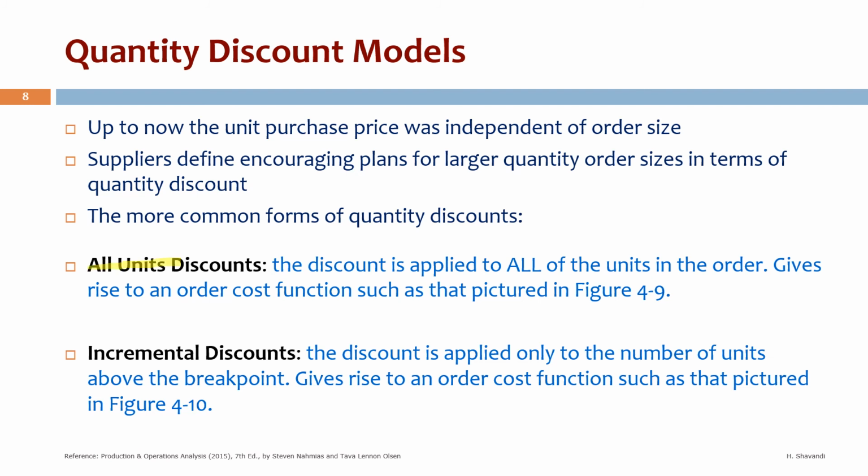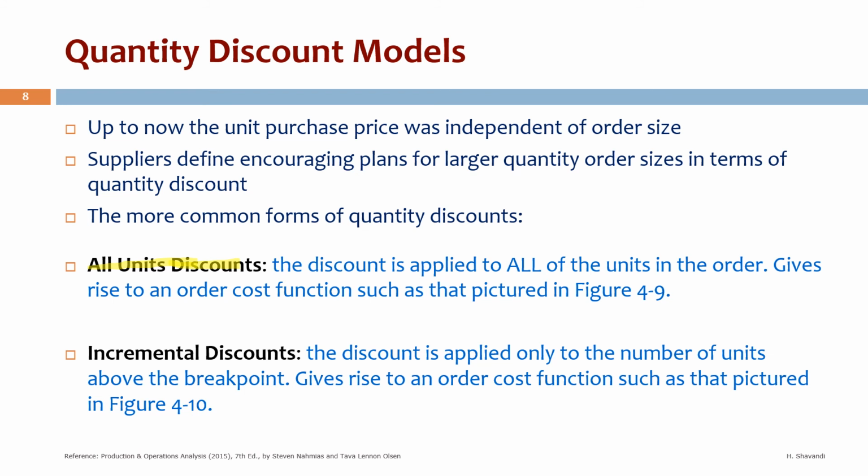The first one is the all units discount. In this case, we have different levels, and if we increase our order size to the next level, then the entire order will be based on the new, discounted purchase price. So the discount is applied to all of the units of the order.